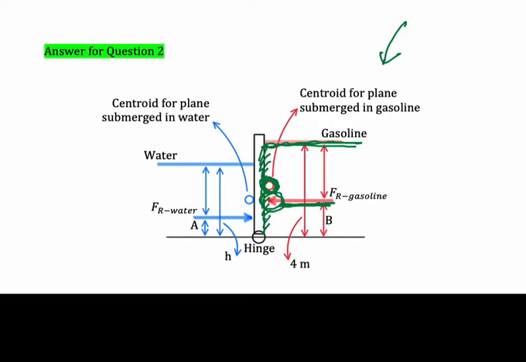And then we could draw the distance of YR here, meaning the distance from the free surface to the FR. Then we could calculate the distance of HC, meaning the distance of the centroid to the free surface, as here.